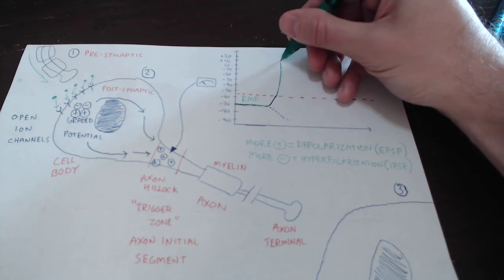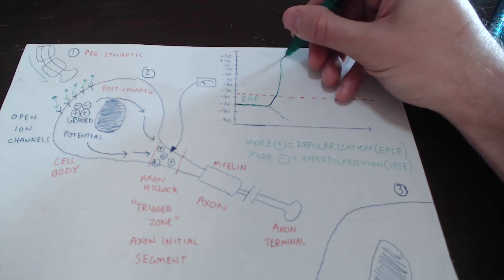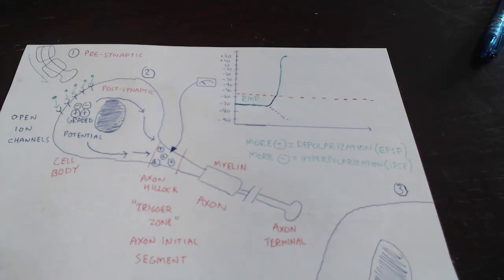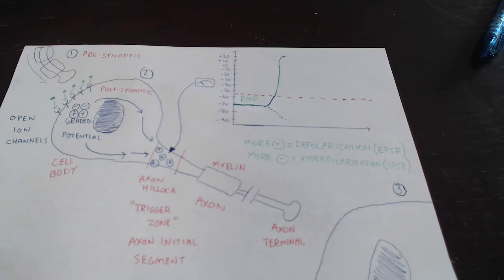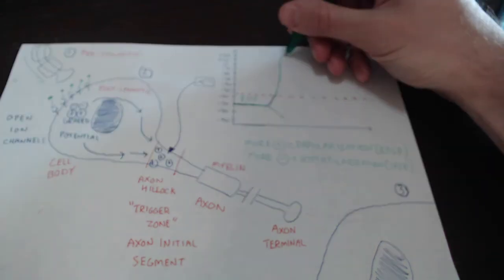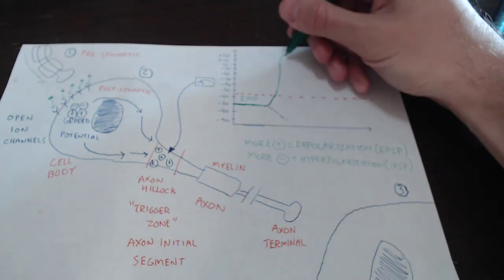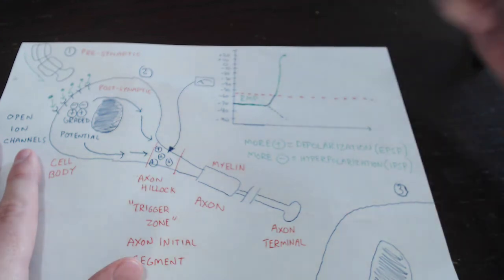And we're going to go up about as high as +30 there. We don't go any higher because at that point, you will recall, we inactivate those sodium channels so that they don't let any further sodium in. At about the same time, we also open voltage-gated potassium channels.